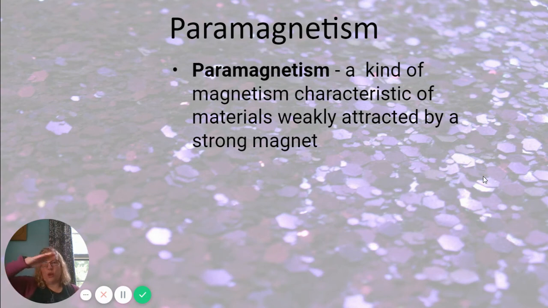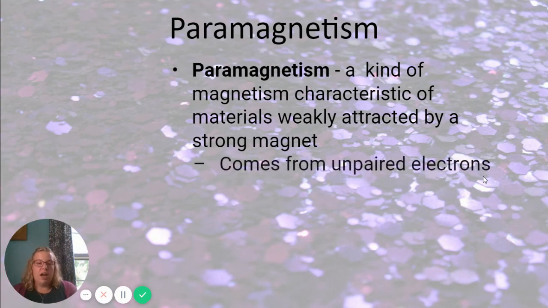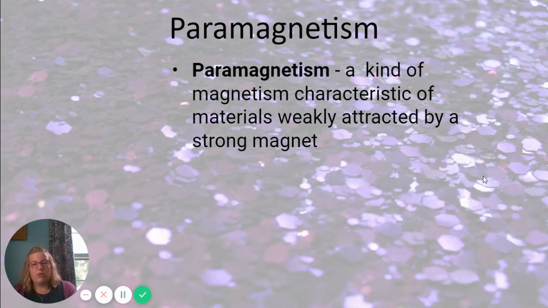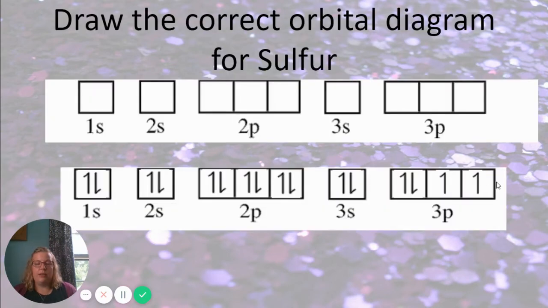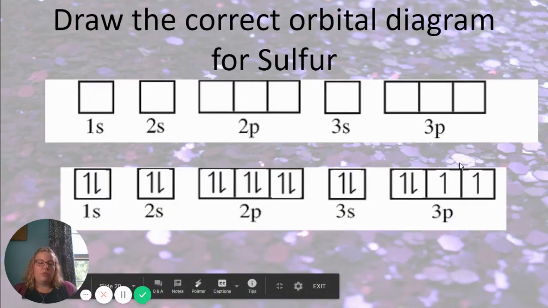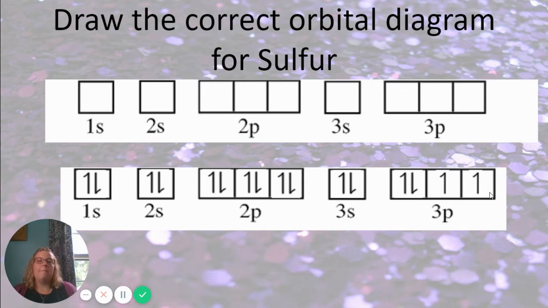So if you take a strong magnet by a sample, if the substance is paramagnetic, you can actually take that substance and it's attracted to that magnet a little bit. That comes from having unpaired electrons when we are talking about the orbital diagrams. So if I go back here, these two electrons at the tail end of this electron configuration here make sulfur paramagnetic.